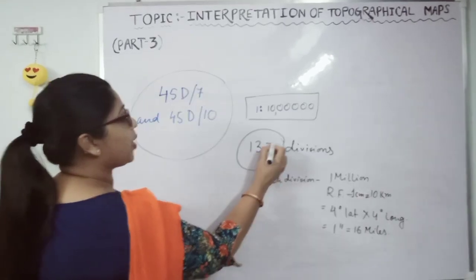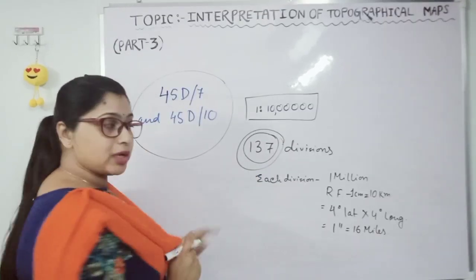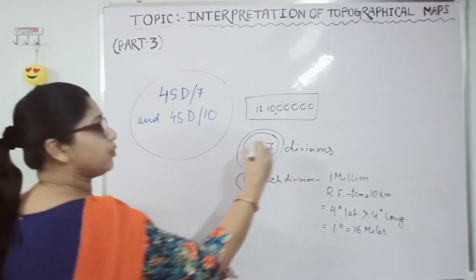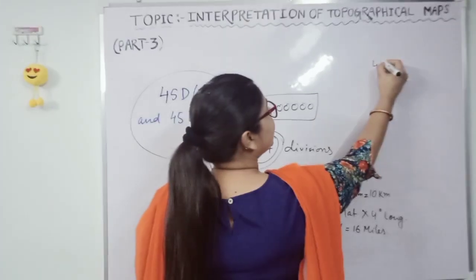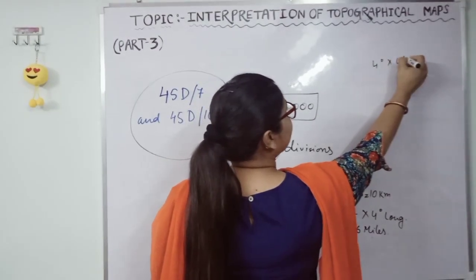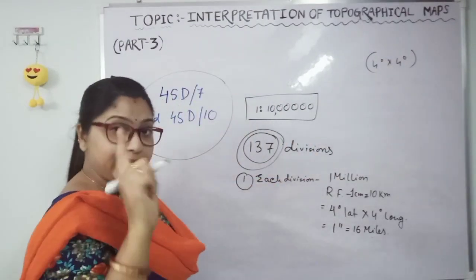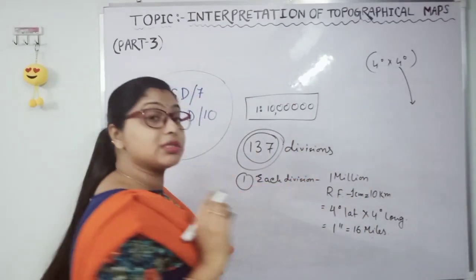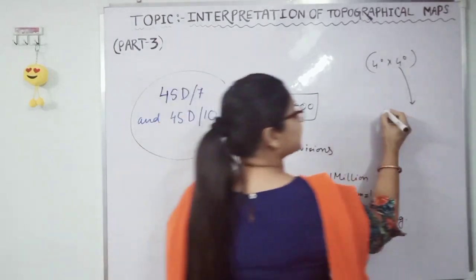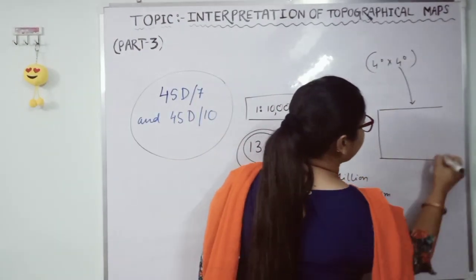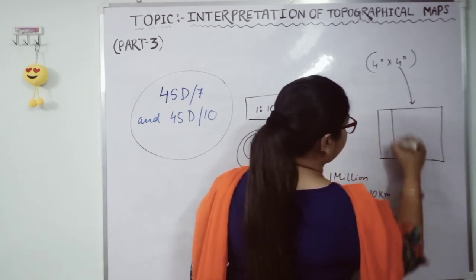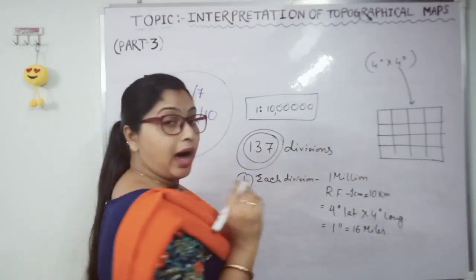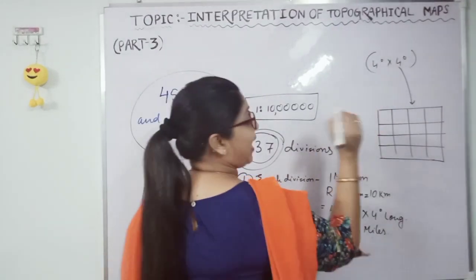So this 137, first focus on it; it has these characteristics. Now each of these 4 degree by 4 degree grids has been divided into 16 parts. How many? 16. I am showing the 16 parts here. And how are they named?